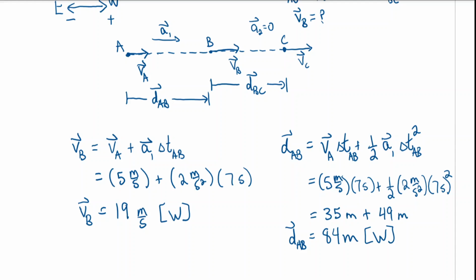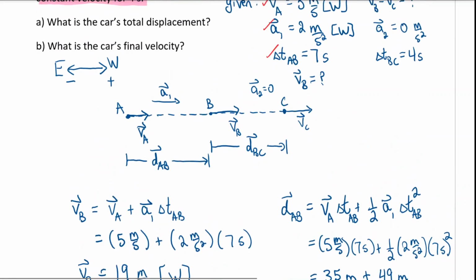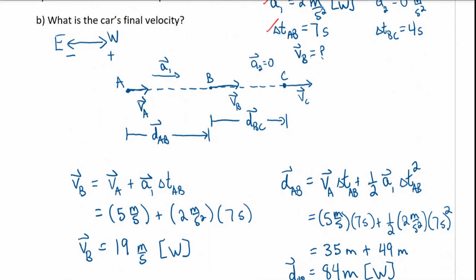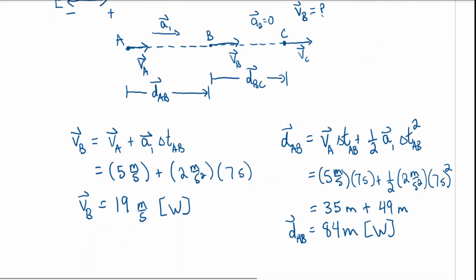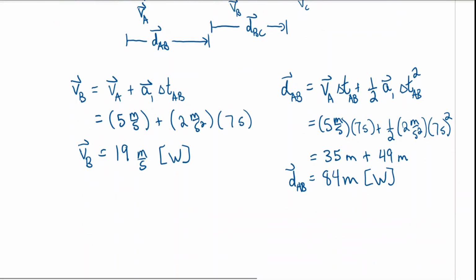All right, like I said, we're trying to figure out what this total displacement is, so we need to find now what is the displacement from B to C in our second interval. Well, we know this is a constant velocity, so now that we've found the velocity at B, we know the velocity at C, it's the constant velocity, so we just use this equation. For constant velocity, it's just the average velocity is equal to the displacement over the time of that interval.